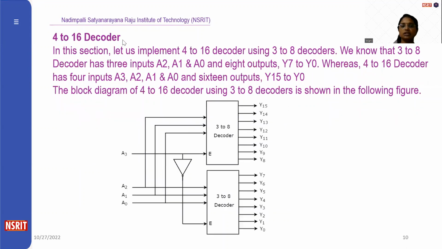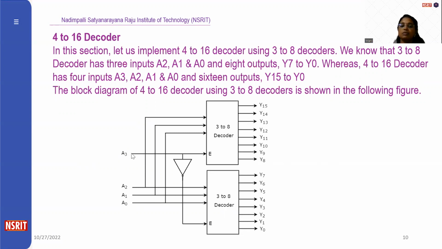This is a 4 to 16 decoder. We can construct a 4 to 16 decoder by using 3 to 8 decoders. Each 3 to 8 decoder has 3 inputs and 8 outputs, so the complete outputs are 16, Y0 to Y15, obtained by combining the 3 to 8 decoders. The lowest 3 bits are directly applied to the two decoders.